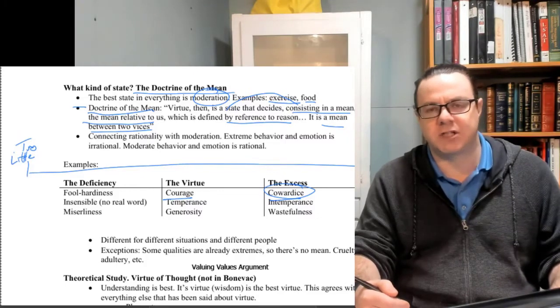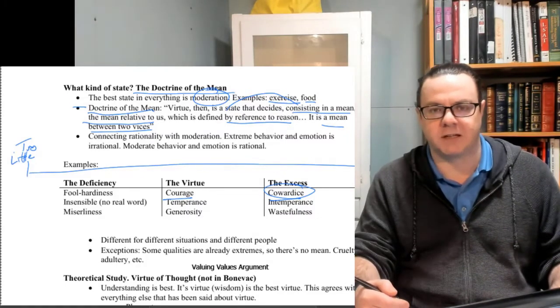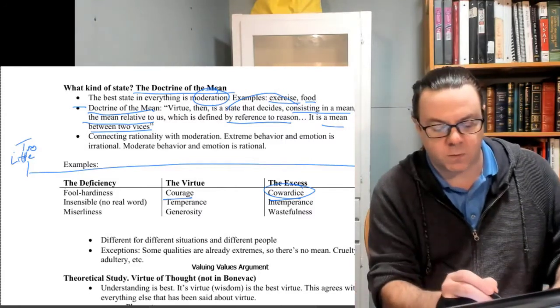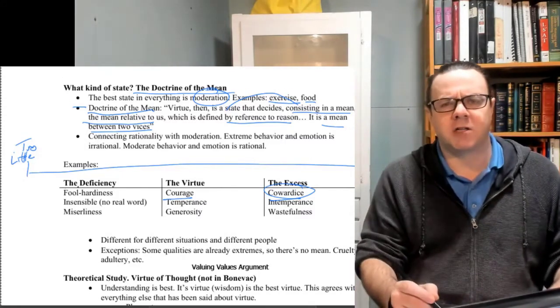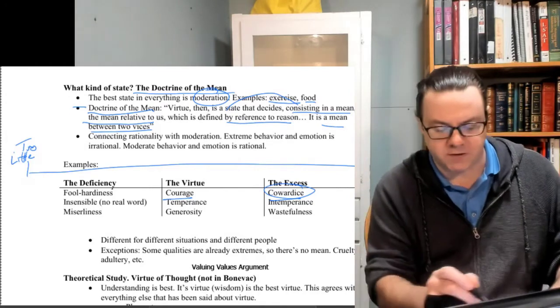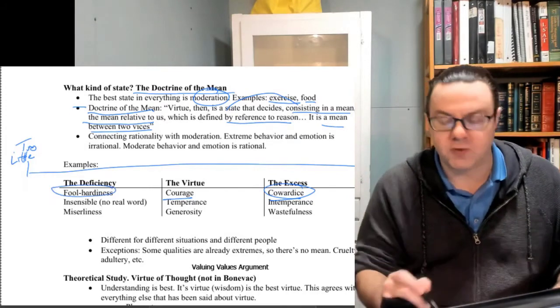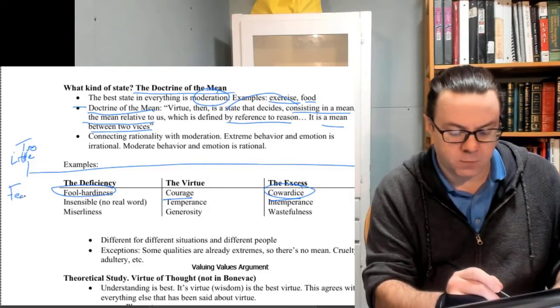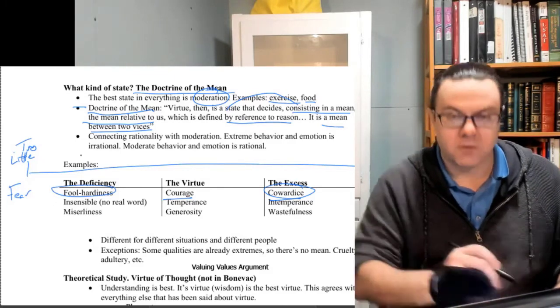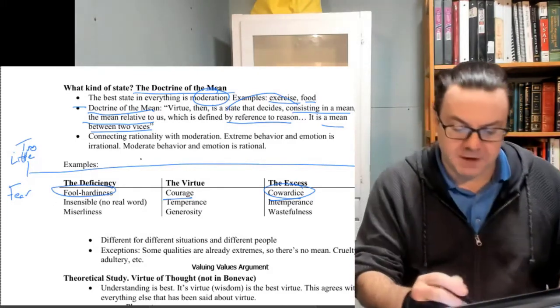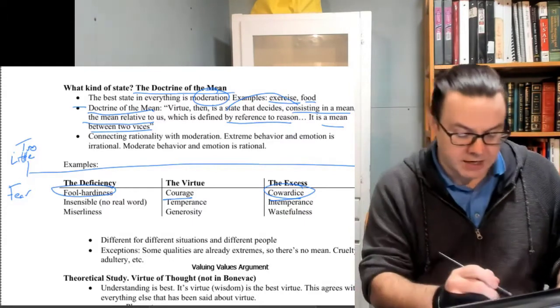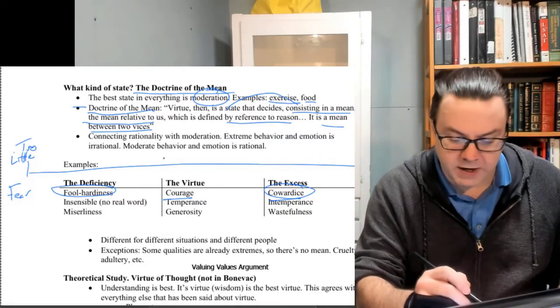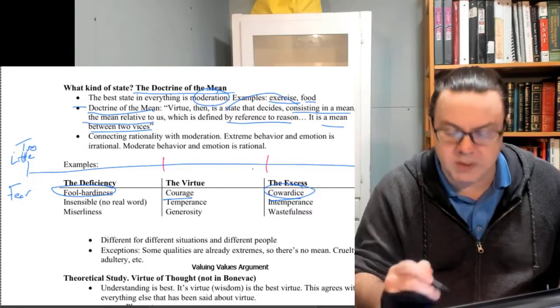That's just stupid, he would say. That's just ridiculous. The general word for what you call that is foolhardy, right? A person who has too little fear is foolhardy. So it's like this scale of fear where you can have too much, you can have too little, and then the right amount is somewhere in between.